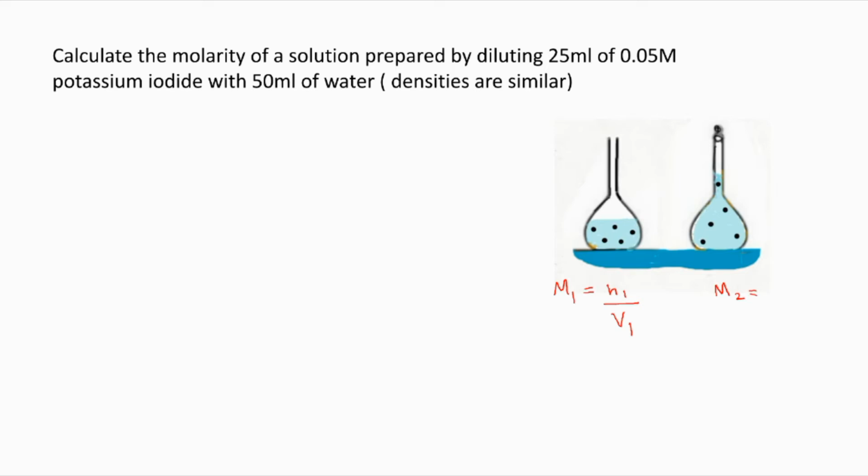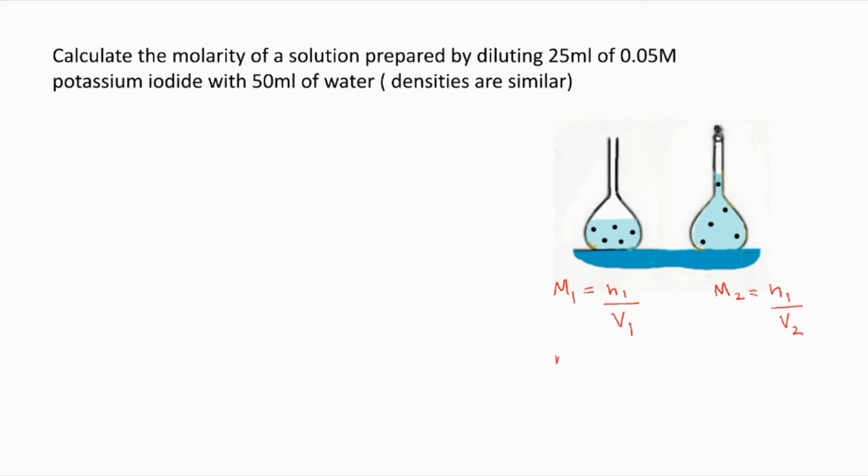And what about M2? M2 will be equal to, see, upon dilution, there is no change in number of moles. Number of moles will remain the same only, right? So the number of moles present in the second solution will be n1. We are not changing that because it will remain the same, divided by volume, which will be changing. Let it be V2.